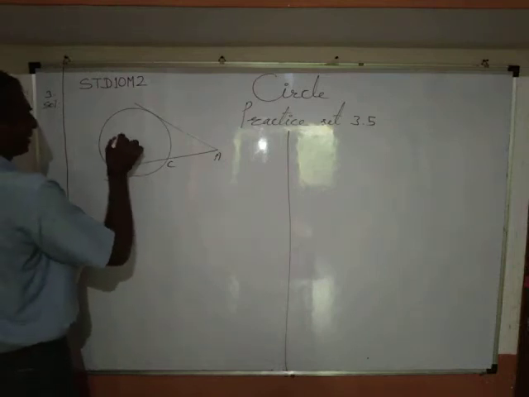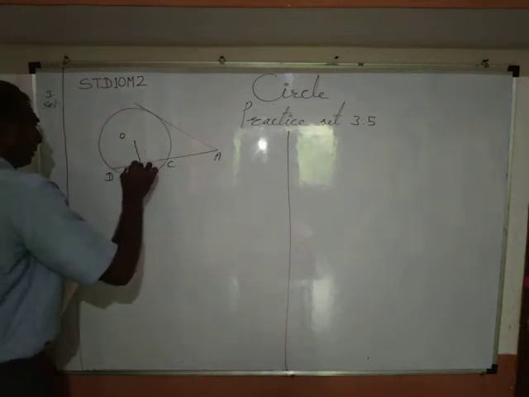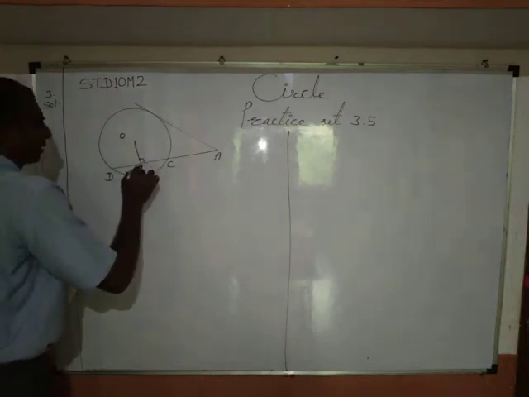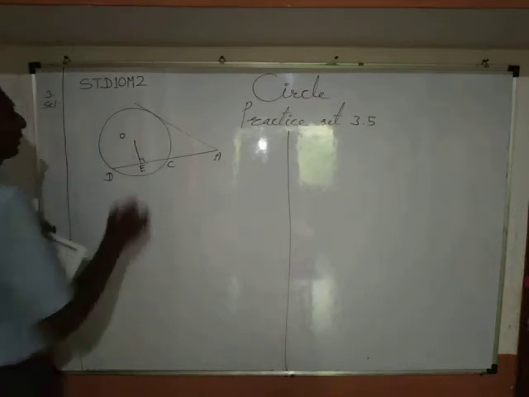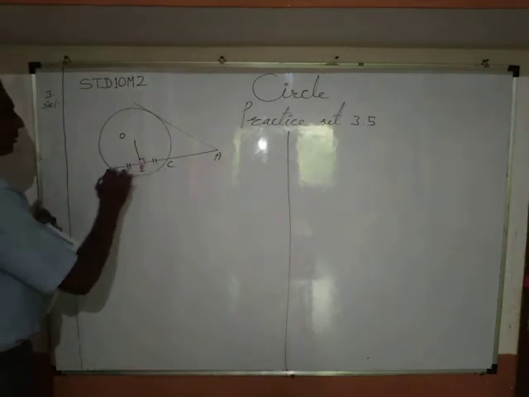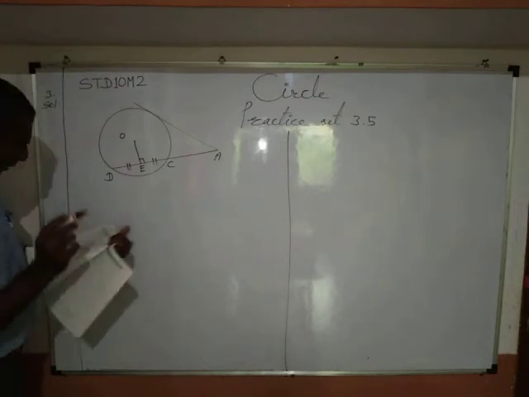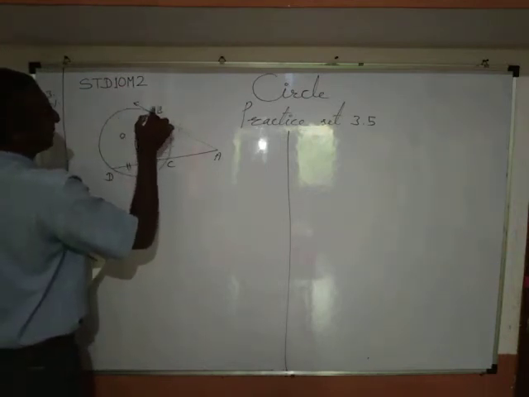O is the center of the circle. OE is a perpendicular through the center of the circle on a chord, and we know that a perpendicular drawn through the center of a circle on a chord bisects the chord, means DE equals EC will be there. Line AB is a tangent.